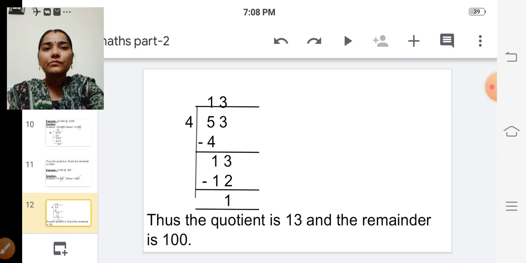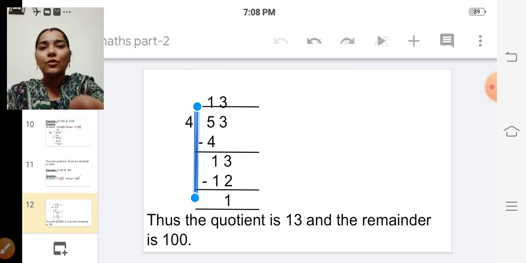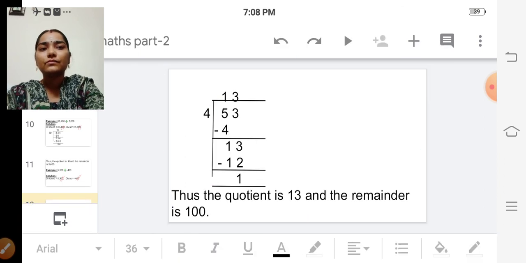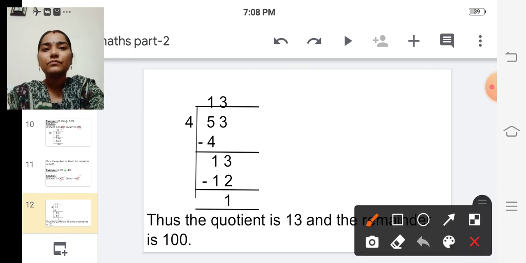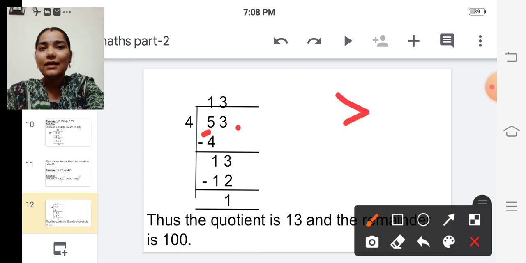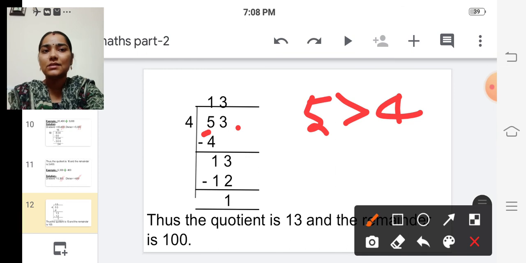Okay. So 53, 4. Here we need not consider the first 2 digits, because the first digit itself is greater than the divisor 4, isn't it? So we can take the first digit itself.